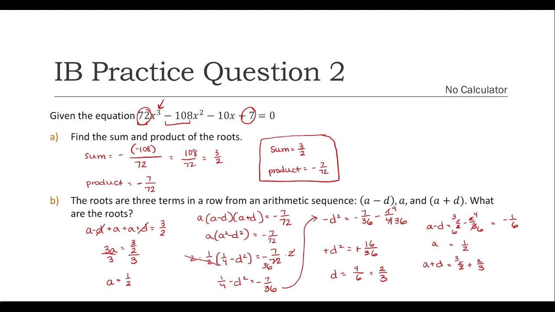So 3/6 plus 4/6, which gives us 7/6. So our roots would be negative 1/6, 1/2, and 7/6. And this d is going to be plus or minus 2/3, but because we're adding d and subtracting d, it's going to come out to be the same roots.